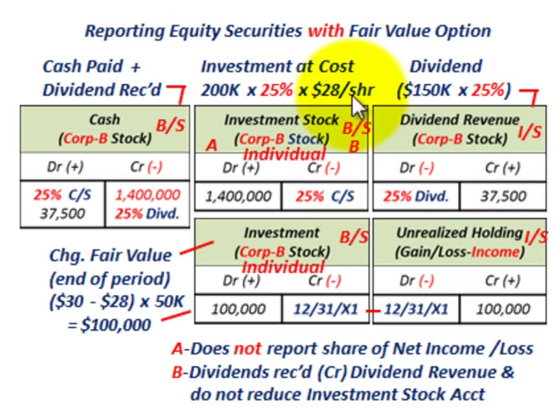Okay, so you see what's going on with this fair value option, and we have to look at it in terms of the equity method, because in this case we would normally be using the equity method because we have that ownership between 20 and 50%, and we have 25%.